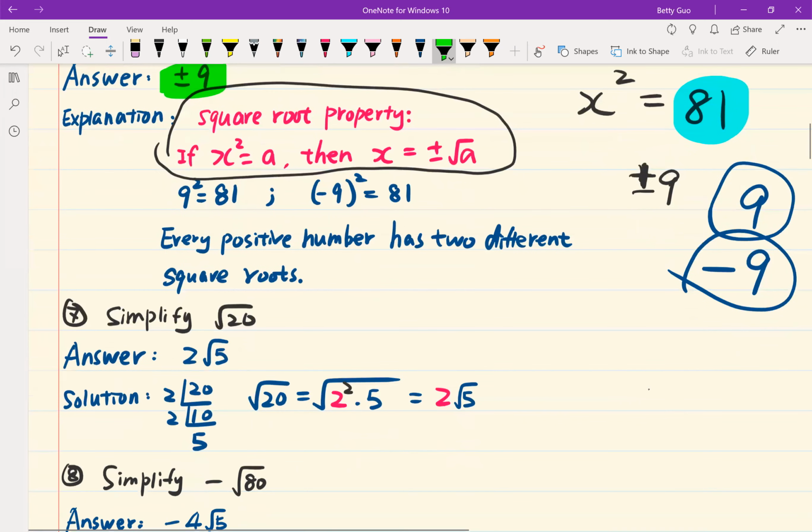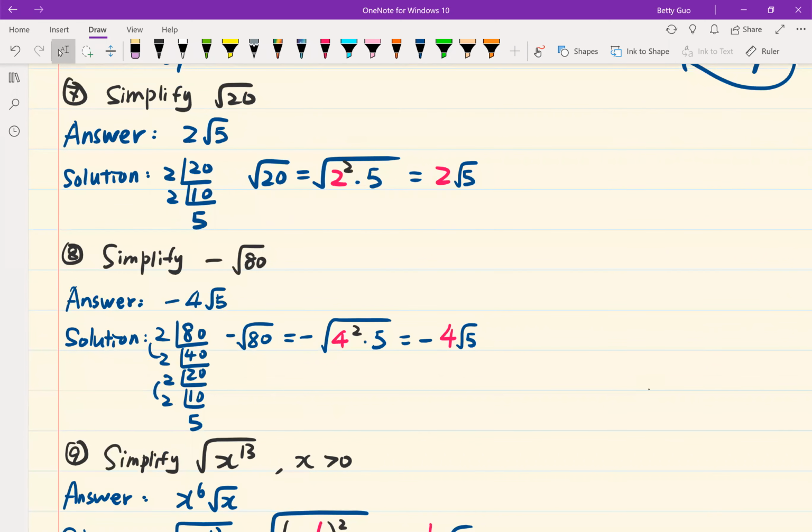Number 7, simplify the square root of 20. The radicand of this square root is 20, right? Is 20 a perfect square? If not, we're going to put 20 on a big L. Remember, we have a procedure for that. 20 is even, so divided by 2, we have 10. 10 is even, divided by 2, we have 5.